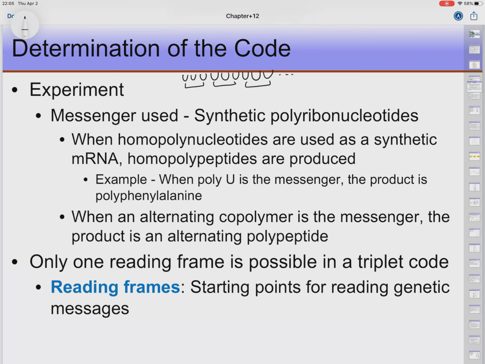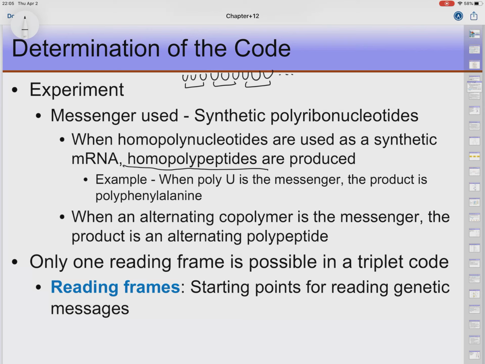So this would code for phenylalanine. We could look at that table and see phenylalanine. But it codes for, what does your book call it? A homopolypeptide. A polypeptide has multiple amino acids linked together, but they're all the same.